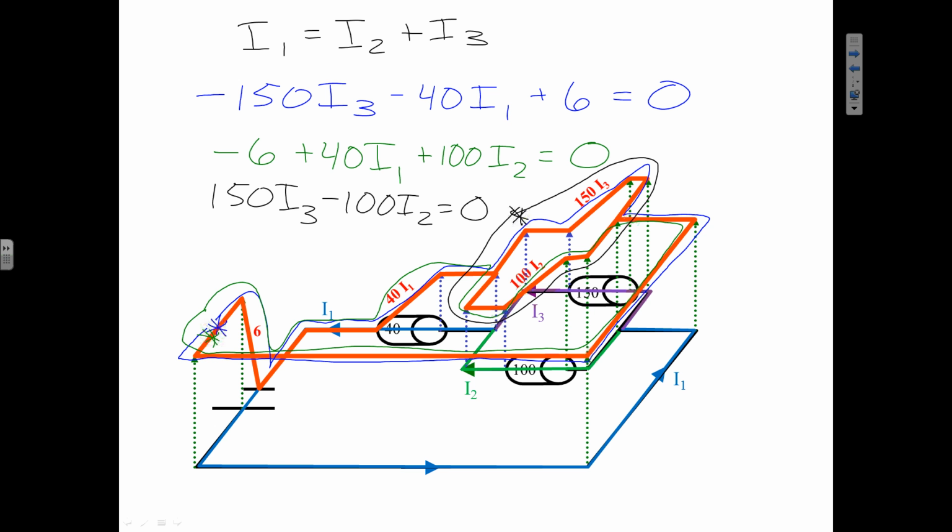Any questions about how we got any of those 4 equations? All right, so now all you have to do is solve them.